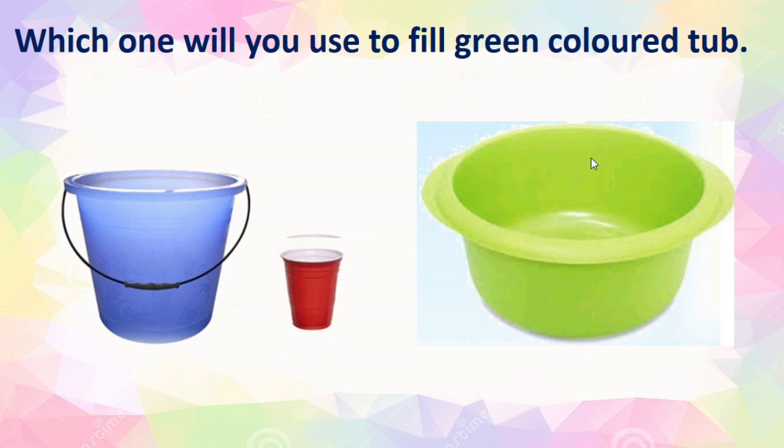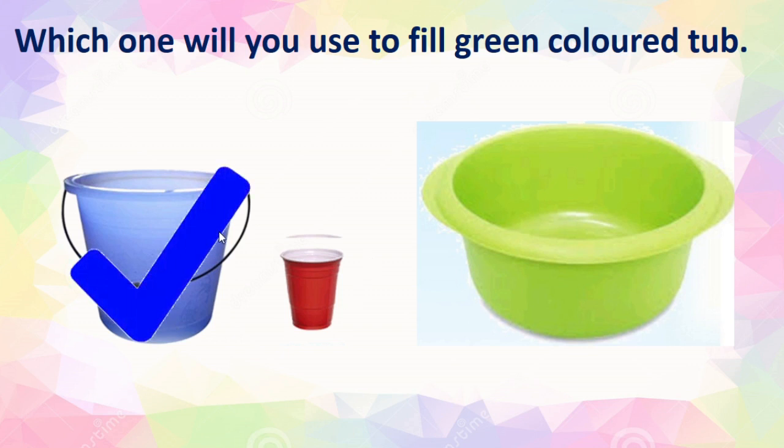We want to fill this green colored tub with water. Which one will you use? This one or this one? Yes, very good. You will go for this bucket, right? Means you can easily fill this green colored tub within some time, isn't it?